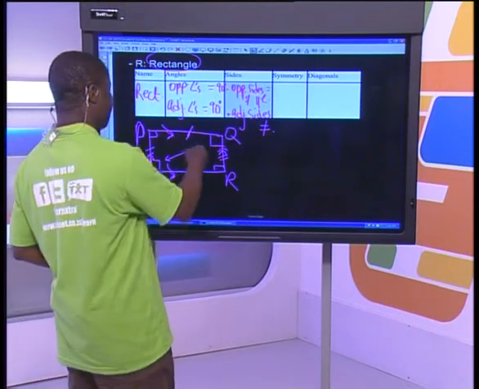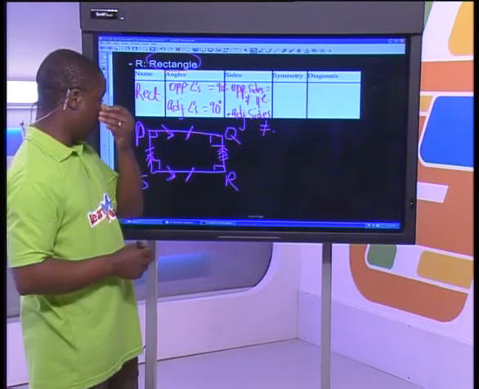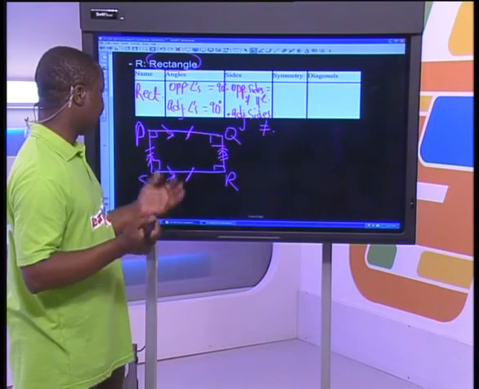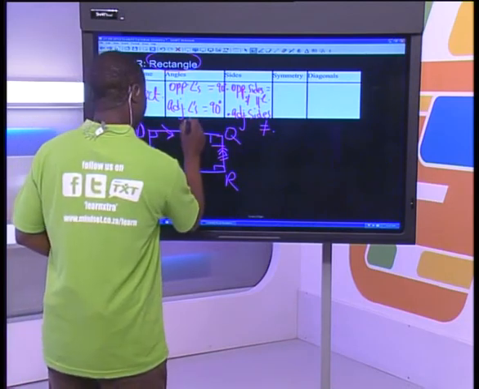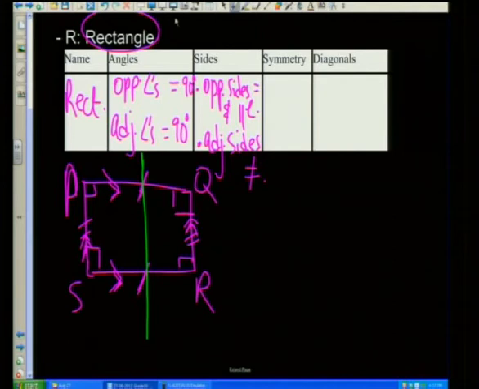If you have that PQRS as a rectangle, and you introduce lines of symmetry, I can only see two. The vertical line, let me just use a different color there. All right, the vertical line will cut this into two equal halves, no problem, and the P will coincide with the Q if you fold your shape on the line of symmetry.